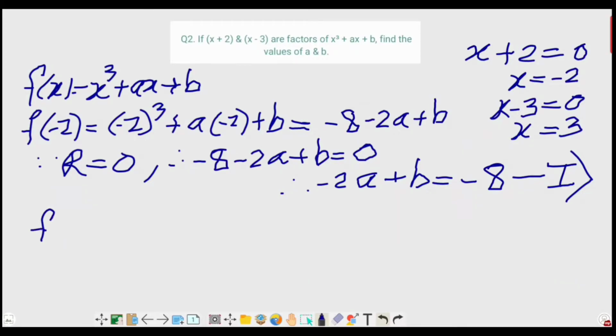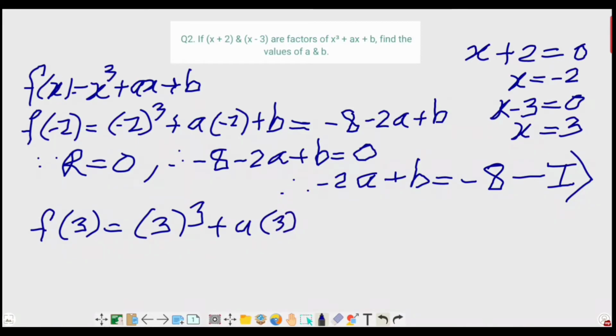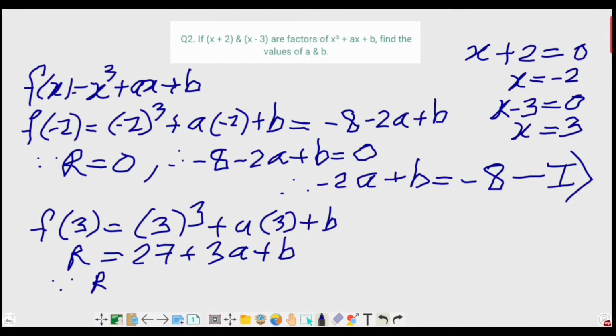In the same way, you now substitute the value 3. So it will be 3 cube plus a into 3 plus b. This time your remainder is 27 plus 3a plus b. Again, this is also a factor, so since the remainder is 0, 27 plus 3a plus b is also equal to 0.